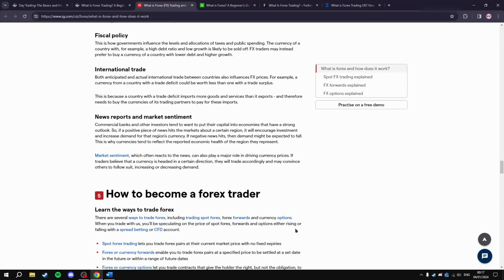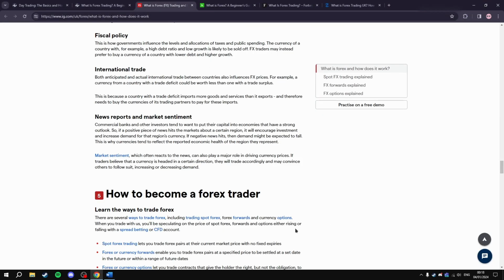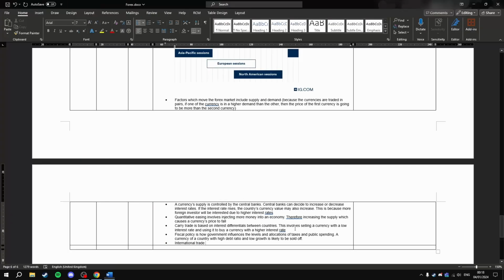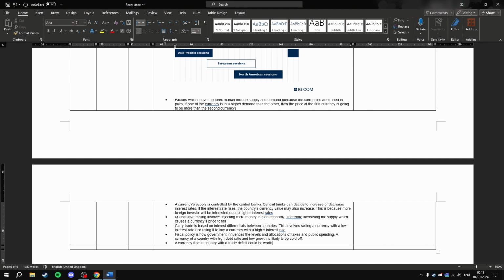Right, okay. International trades, both anticipated and actual. For example, in a currency market, a currency from a country with a trade deficit might be worth less than a country with a trade surplus.